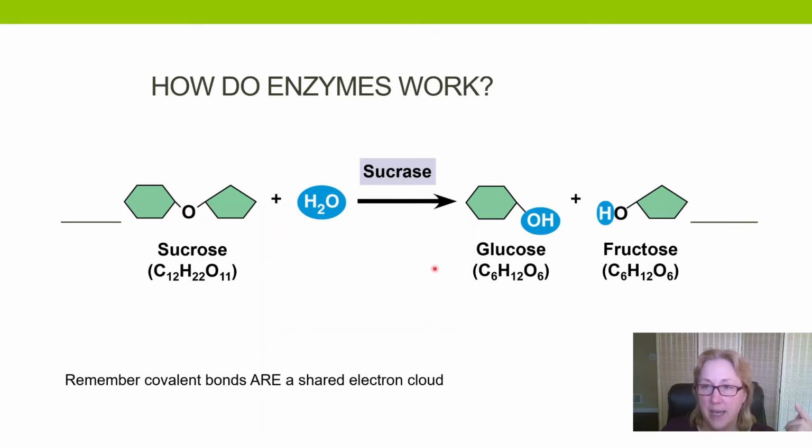It's destabilizing the bond between one of the oxygens and one of the sugar molecules. So our covalent bond is made of electrons. And all that enzyme has to do is just pull them a little bit further apart. Just bend that molecule a little bit. And then it will go, because it's a spontaneous reaction.